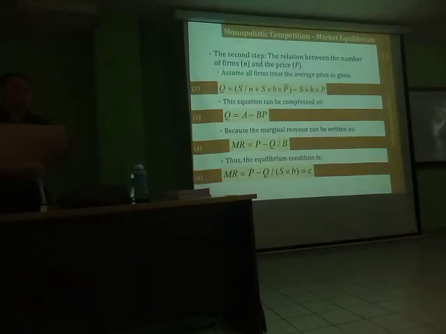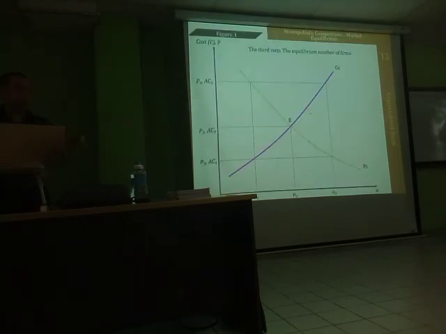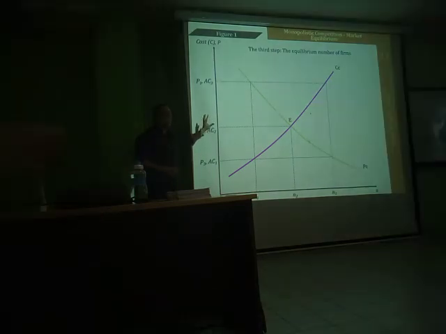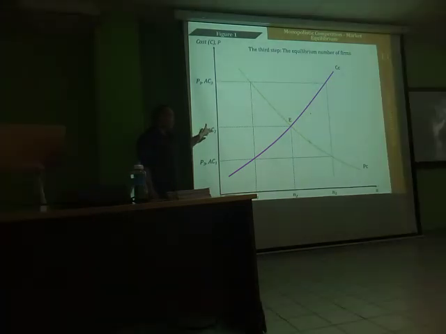This is available on the slide, but not as detailed as I explained to you just now. From here, we understand the relationship between AC and the number of firms, correct? And also the price and the number of firms. This diagram shows you the two curves. The CC curve will show you the relationship between AC and the number of firms. This measures AC. This measures number of firms.